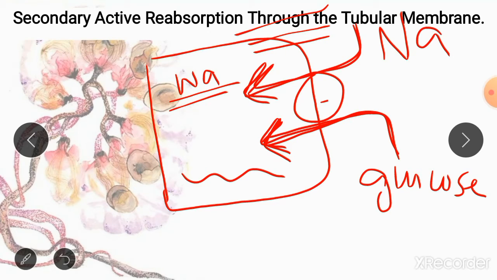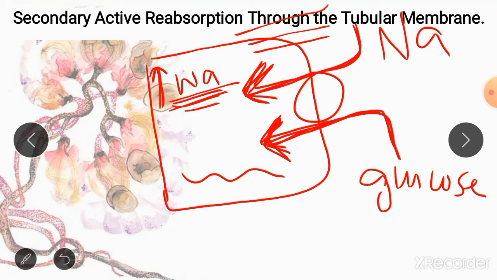Here you can see no ATP is being cleaved by this protein, so there is no direct breakdown of ATP, but as I mentioned in the previous slide, sodium can only move into the cell as long as the concentration of sodium in the cell is low. But as more sodium keeps coming inside the cell, the concentration of sodium is going to increase, and a time is going to come when no more sodium can enter the cell, and neither can it bring glucose along with it.